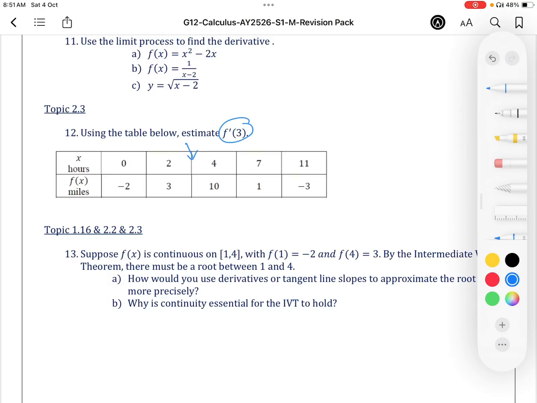So we take estimate. This is the y and this is the x. So y2 it's 10 minus y1 is 3 divided by x2 is 4 minus x1 is 2. So 7 over 2.